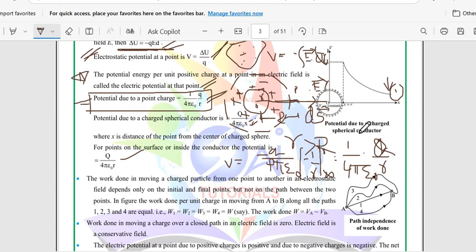Okay, let me revise. See, it is a spherical conductor.